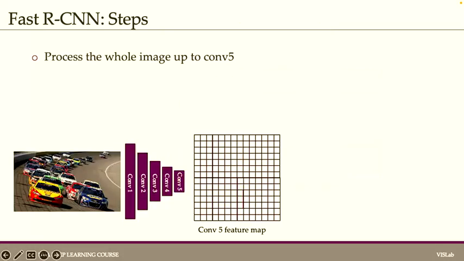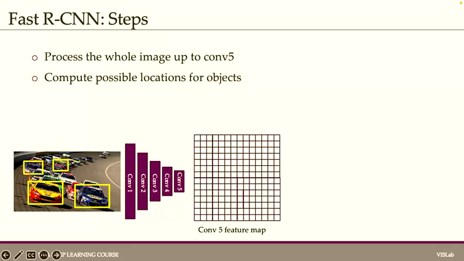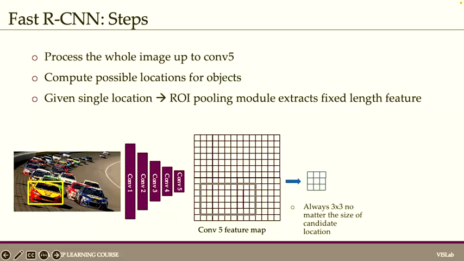So the overall steps, we can quickly run through them. You process the whole image up to conv5. You compute the possible locations for objects using selective search in the RGB space. Of course, some will be wrong. A lot of them will be wrong, indeed. Given a single location, you do the ROI pooling to find a feature.